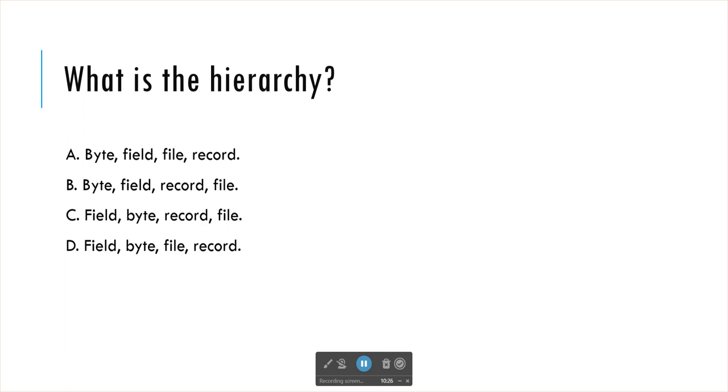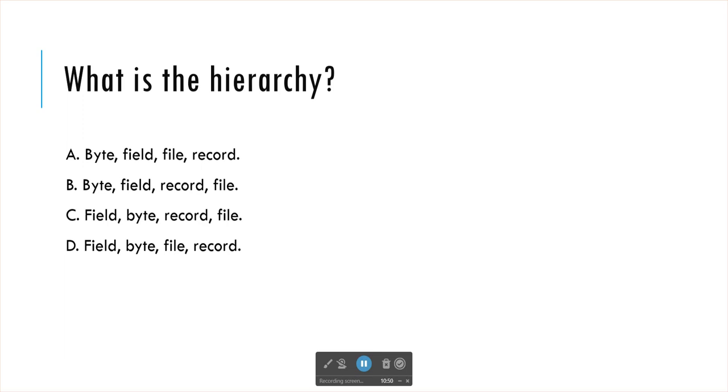You would know field, record, file is the right order, and so that would pretty much get you to B. And then you would also know that byte is the smallest form in that hierarchy, and the smallest form would have to be either A or B.